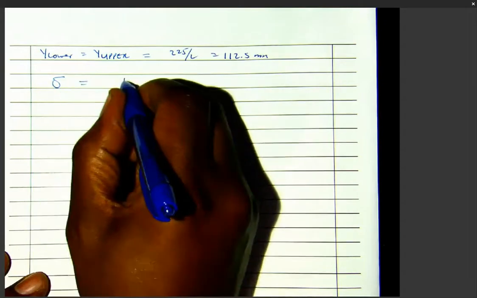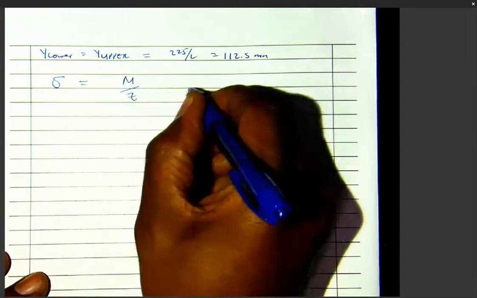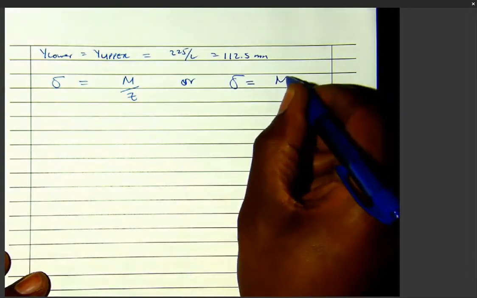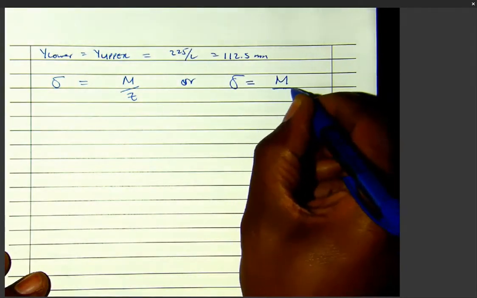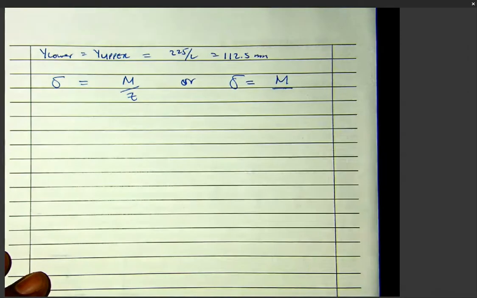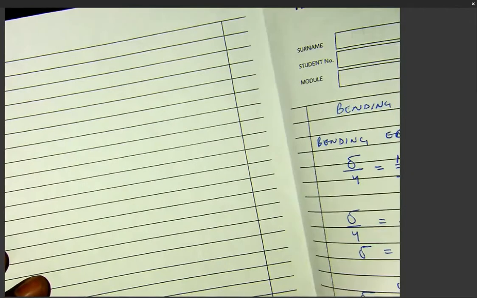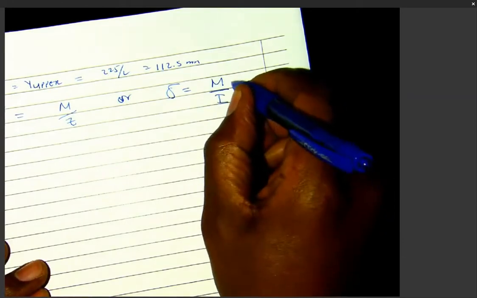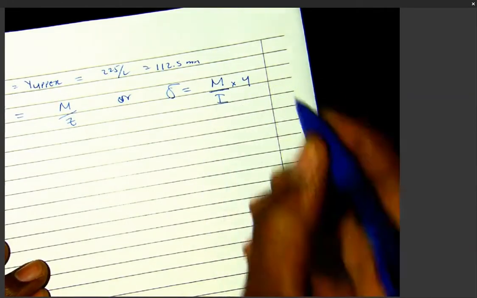Remember, I said stress is equal to M over Z, or stress is equal to M over I times Y. Sorry, I must make sure that I've got it right.